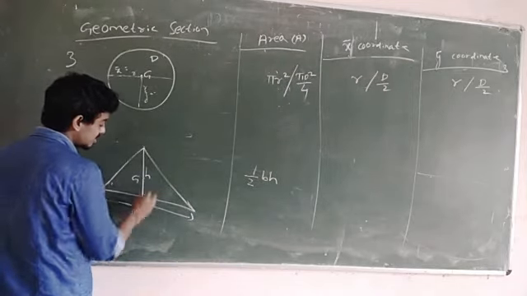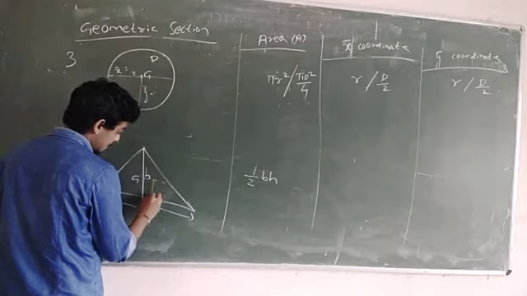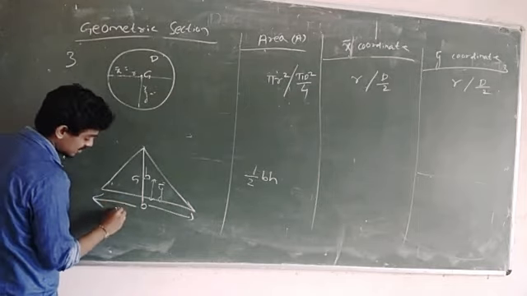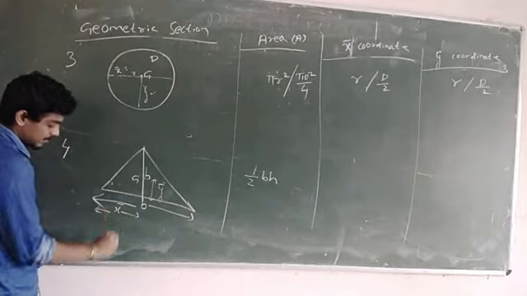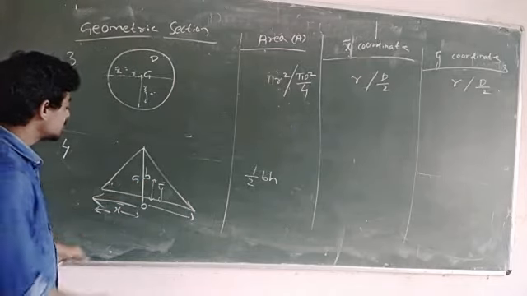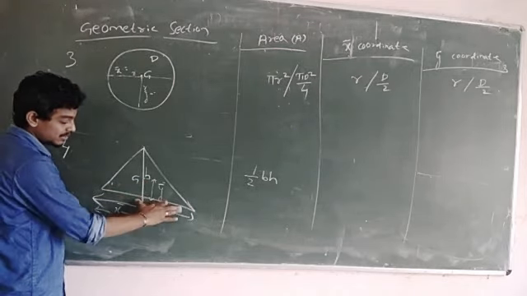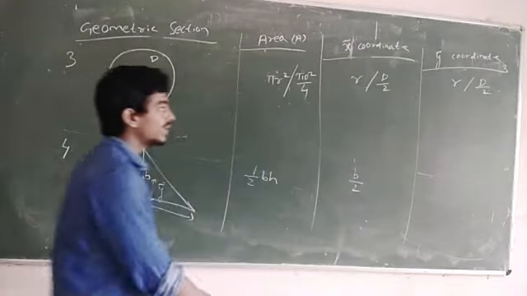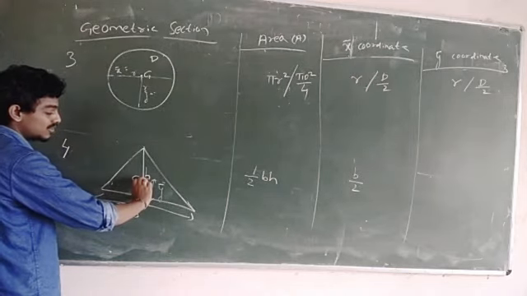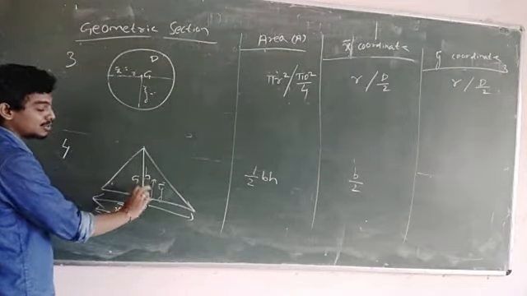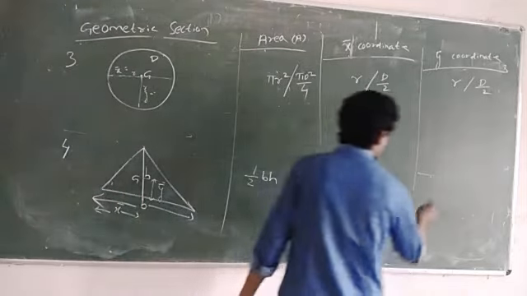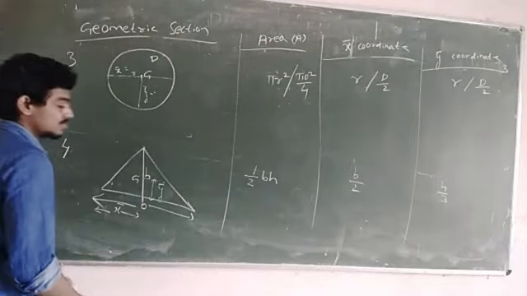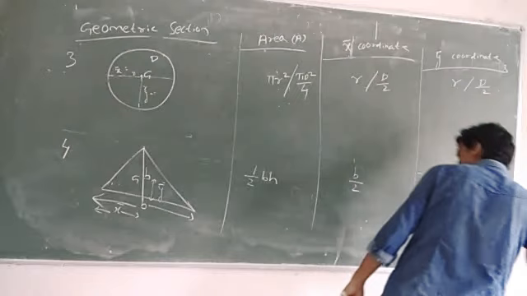Suppose the G point is here. This vertical distance will be y bar, and this distance will be x bar. Because it is a symmetrical section, x bar is just half of the base, b by 2. But for the y coordinate, as I already told, it will be similar to the right angle triangle, h by 3. Okay, this much is clear. Next two sections remaining.